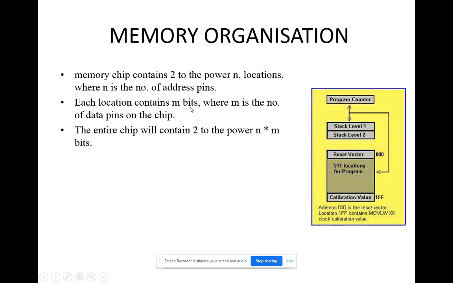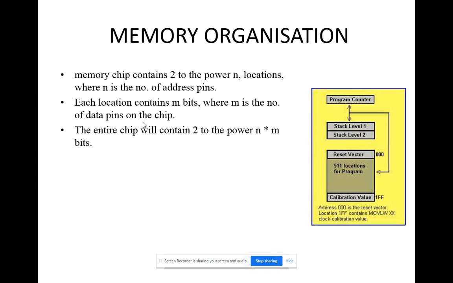Each location contains m bits, where m is the number of data pins on the chip. It is nothing but the data line, let's say 8 for now. Okay? So each memory location will have a storing capacity of 8 bits only. Based on your data line, the size will be determined.